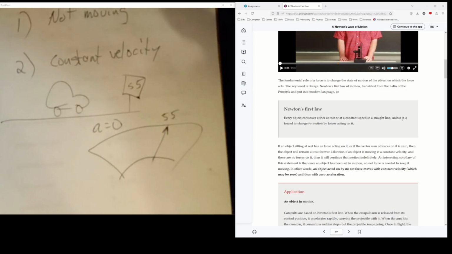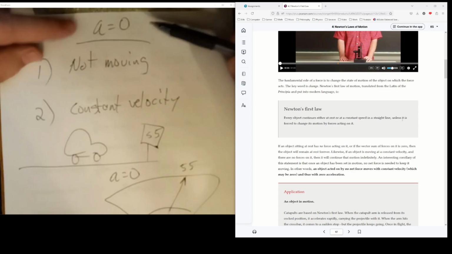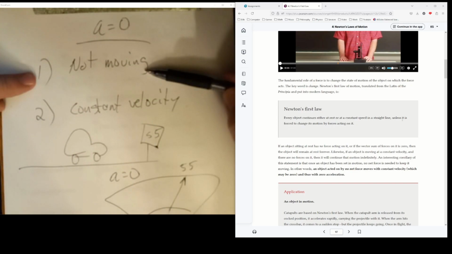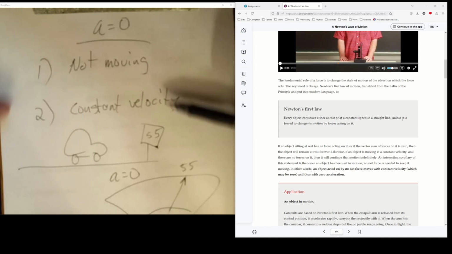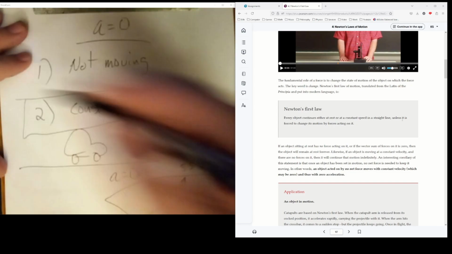You aren't accelerating. These are the two possibilities. If there's zero acceleration, it could be that you're not moving, but zero acceleration also means it could be that you're traveling at a constant velocity. And it's the second one that people tend to forget.